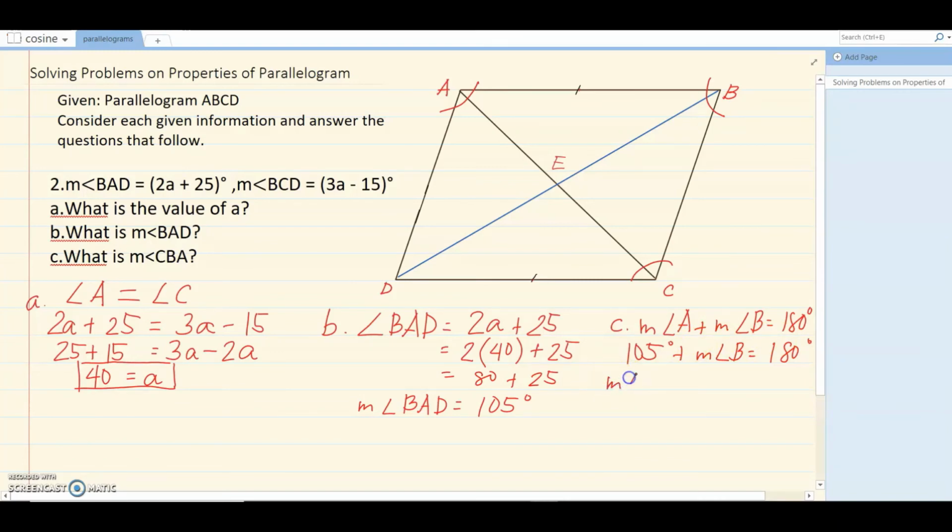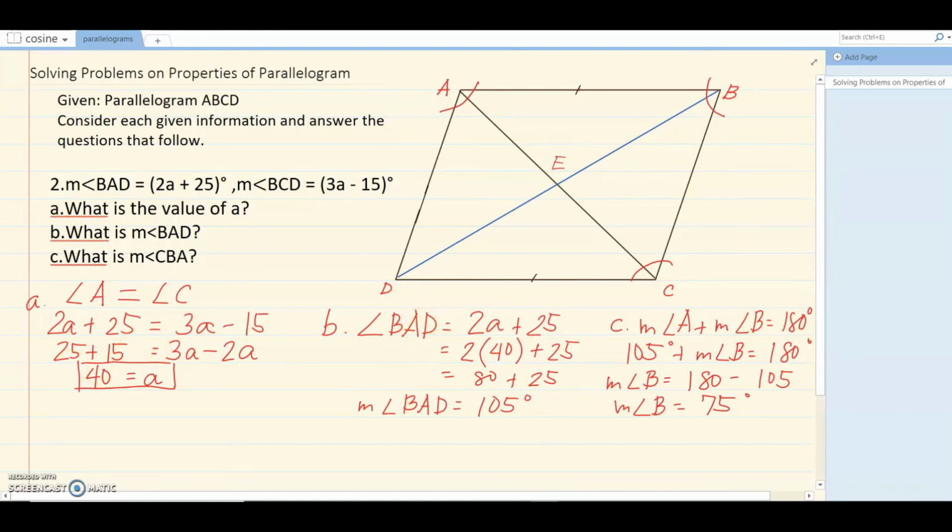So the measure of angle B will be 180 minus 105. So the measure of angle B is 75 degrees, or that is actually the supplement of angle A, this one. So angle B is 75 degrees.